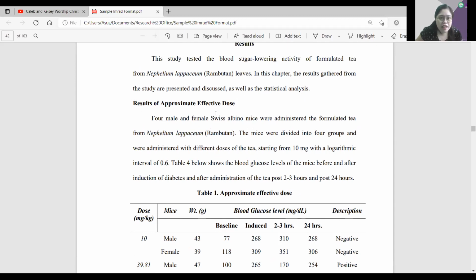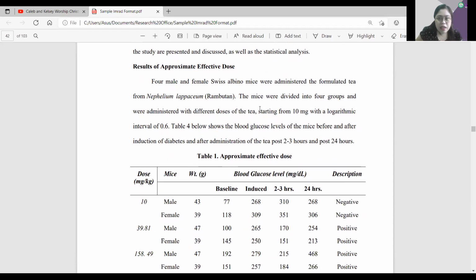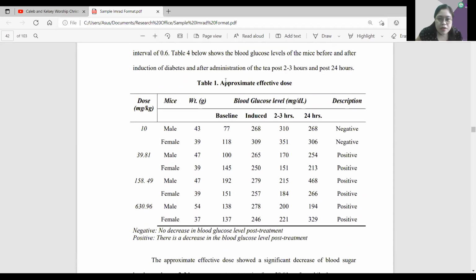So you will have here the subheading so that your readers will know what result it is. Okay? So they actually have an introductory paragraph that just restates what they have done to get this result, so the reader can review what they did. Then this will be the title of the table. So you have there table 1 and then the heading, approximate effective dose.